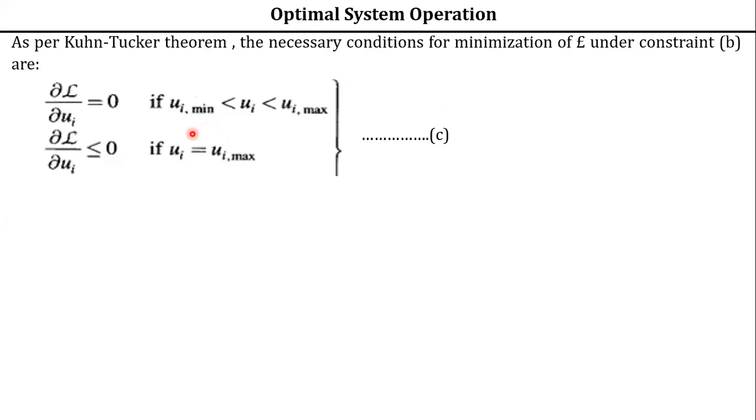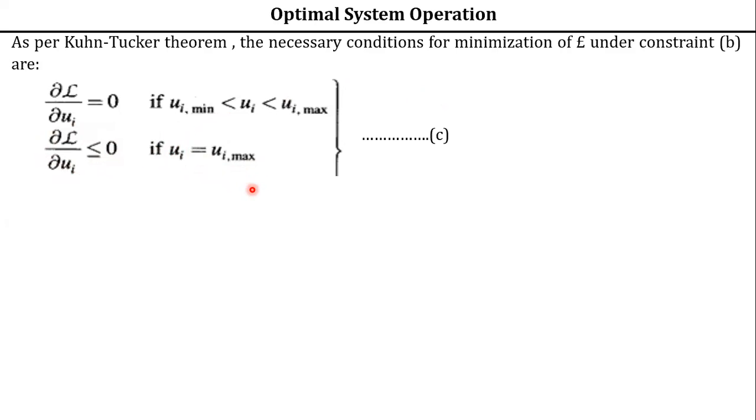Because see here, whenever it violates the maximum value, your control variable will be clamped at the maximum value, ui max. So in such cases, we have already represented the gradient as less than or equal to 0, meaning negative. If ui is equal to ui minimum, when it violates the minimum value, the minimum value will be clamped.